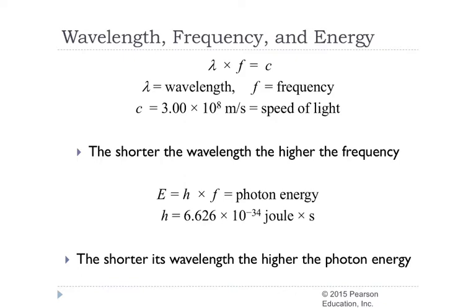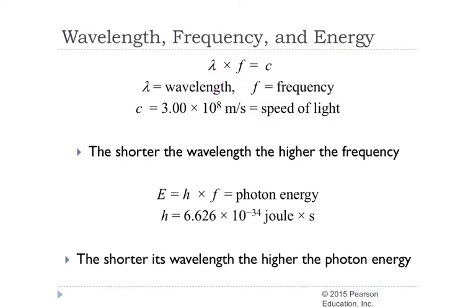So looking at this mathematically, lambda here is the wavelength, and c is the speed of light, which is a constant. So if the product is going to be constant, we're not going to change what that is, then if you make the wavelength smaller, the other factor, the frequency, has to compensate and get bigger.